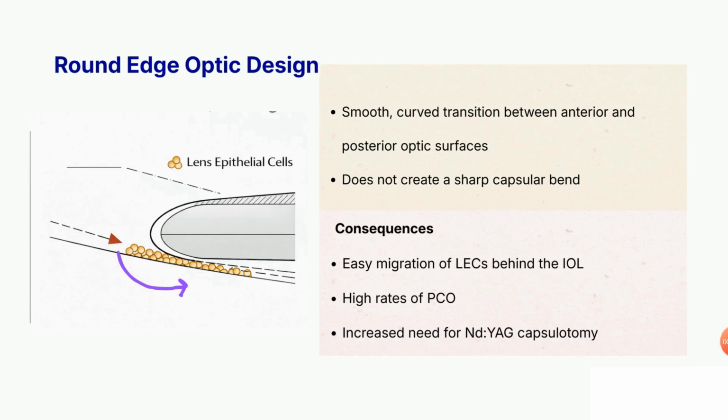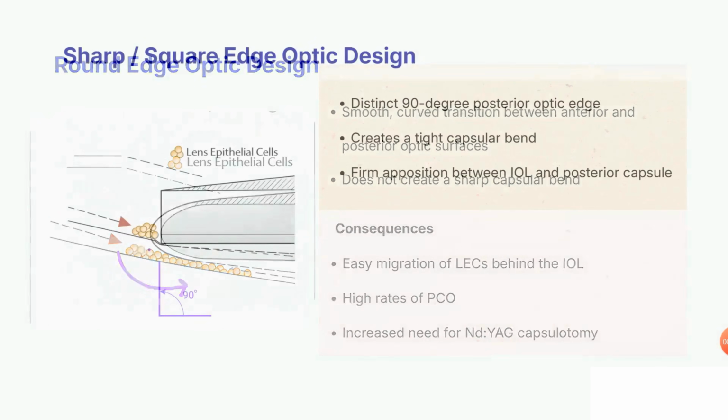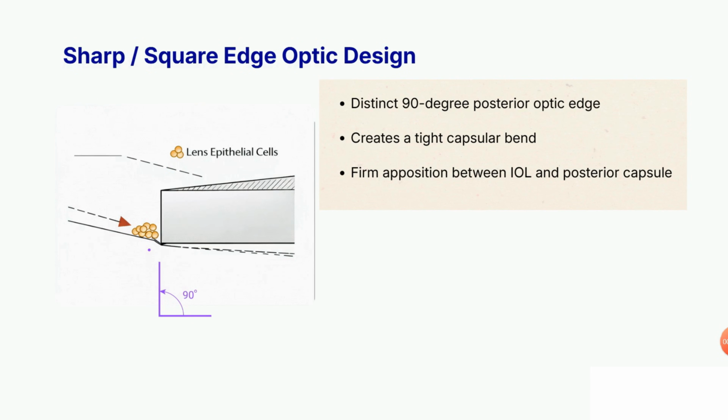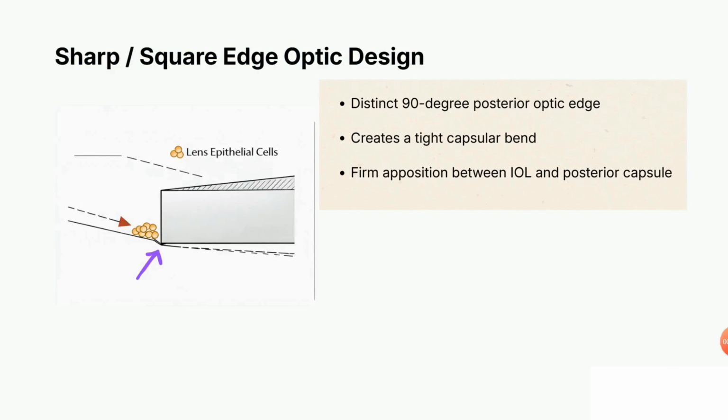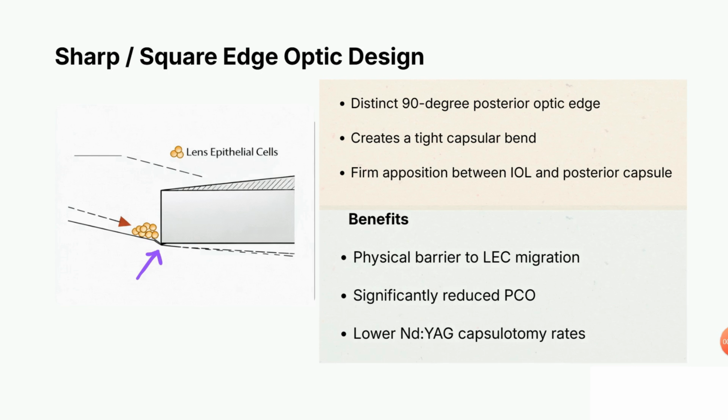In contrast, the sharp or square edge IOLs have a well-defined 90-degree posterior optic edge. This sharp posterior edge produces a tight capsular bend with a firm apposition between the posterior capsule and the optic. This configuration forms an effective mechanical barrier that prevents equatorial lens epithelial cells from crossing onto the central posterior capsule.